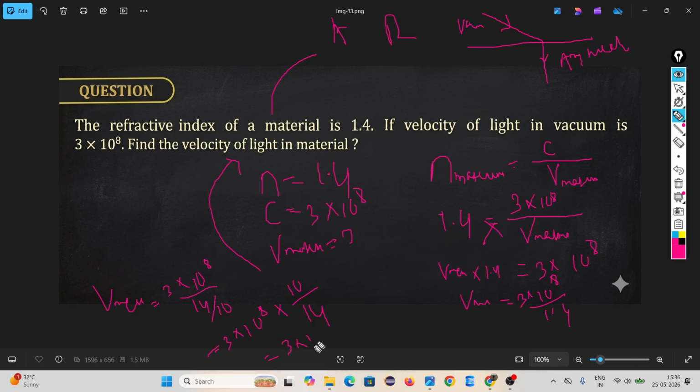Dividing 10 by 14, it is approximately 0.714. This much meter per second is the velocity in the material. Okay.